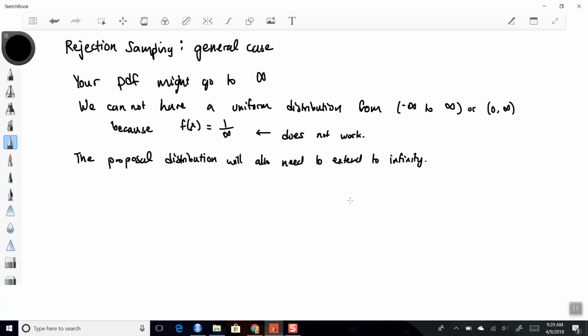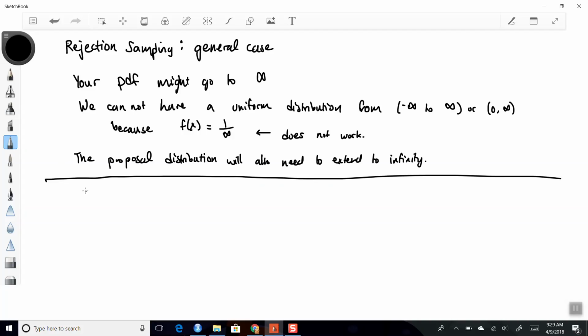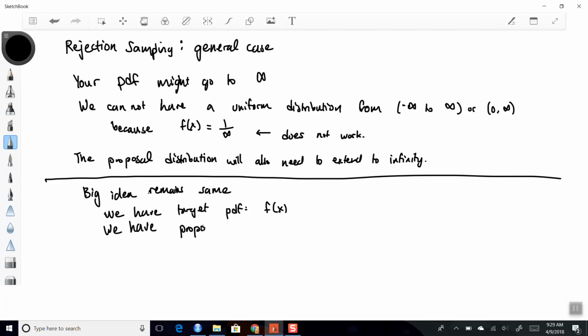So the big idea remains the same, it just looks a little bit different. Okay, so we have a target PDF, which is going to be our f of x. And we have a proposal PDF, which we will call g of x.